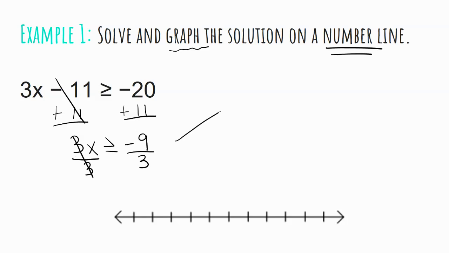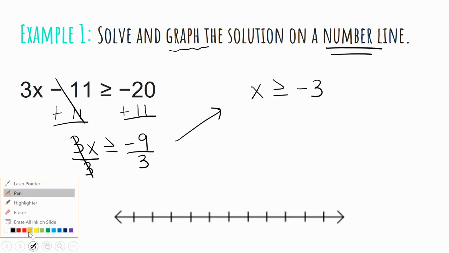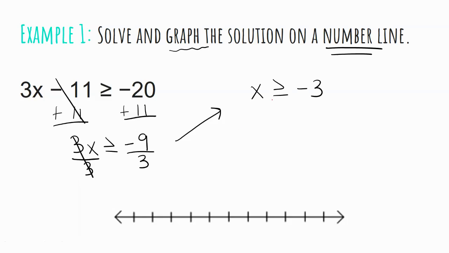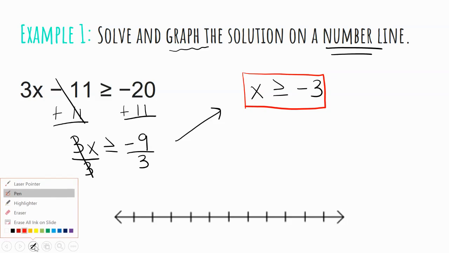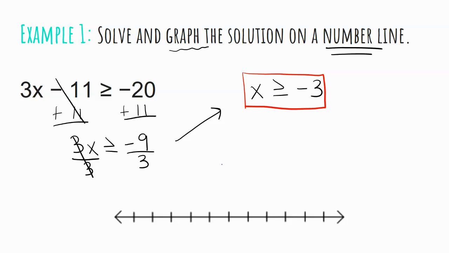And what I'm going to be left with is x is greater than or equal to negative 3. Now again, my sign isn't going to change because I didn't divide by a negative number, I divided by a positive number. So that is the important takeaway. And then this is my final answer. X is greater than or equal to negative 3. Now what I need to do is I need to put this on my number line, okay?